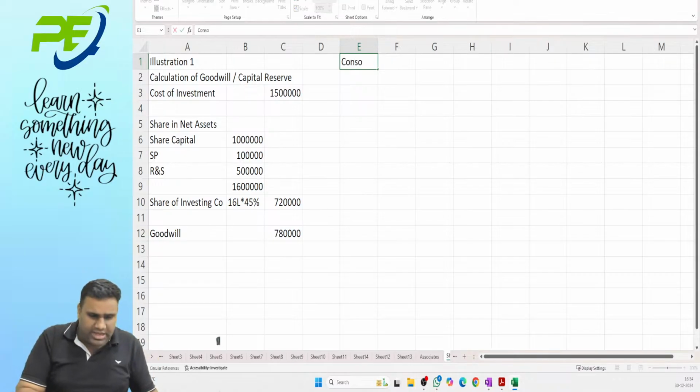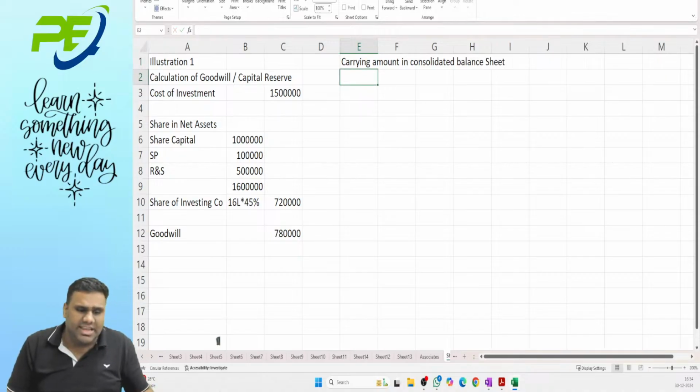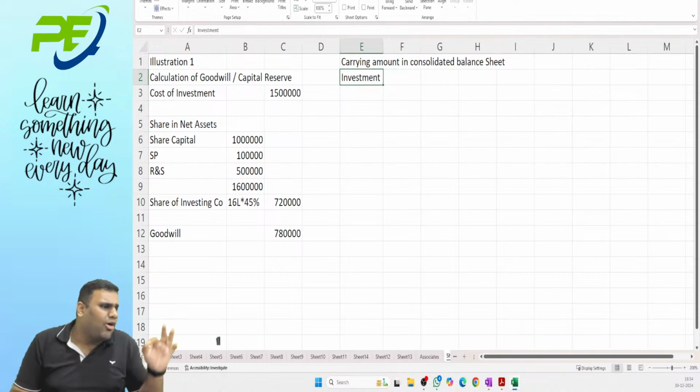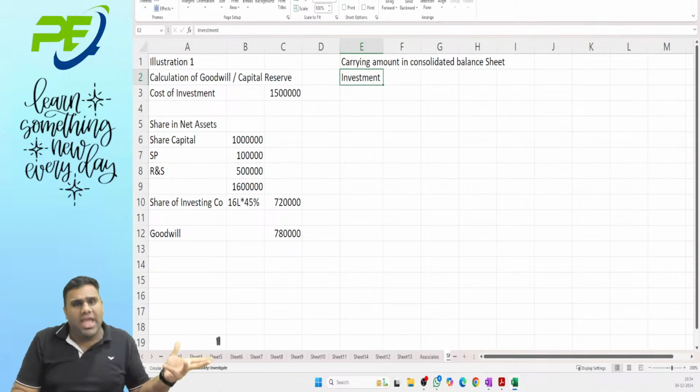So, carrying amount in the consolidated balance sheet. Now, in the balance sheet, how much did we pay? 15 lakhs.